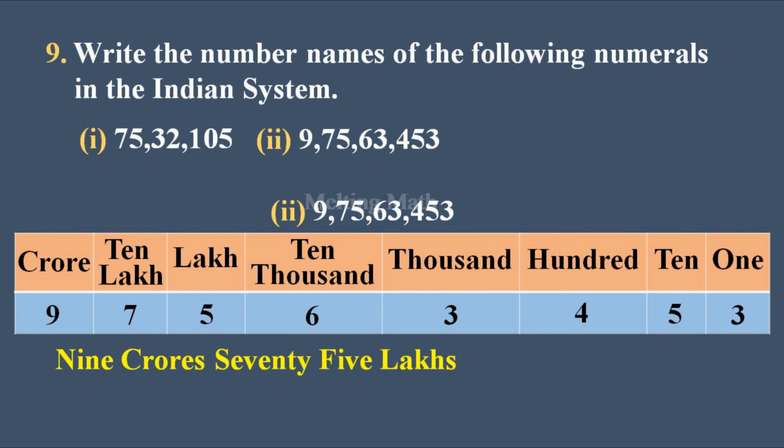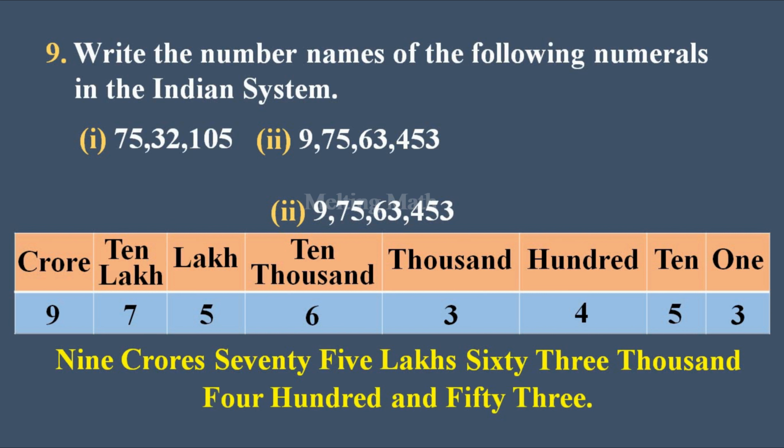Then 10,000 and thousands come under the thousands period, so here 63 is there, so just write 63,000. Then 100, 10, 1 come under the ones period, so here 453 is there, so just write 453. So that's it. This is the number name of the given numeral.